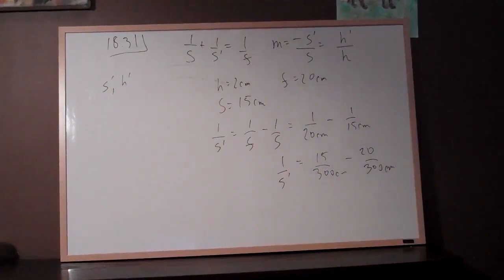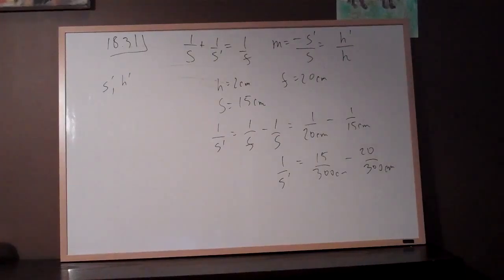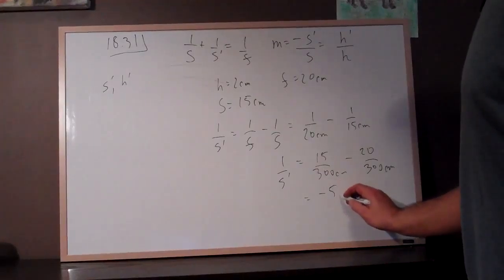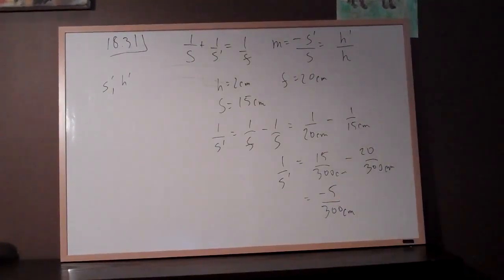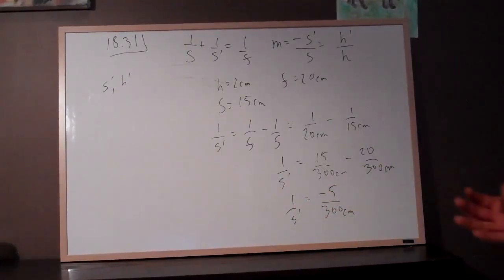Or again, if you wanted to, you could just put it in your calculator right away: 1 divided by 20 minus 1 divided by 15. So this would be minus 5 over 300 centimeters. That would be 1 over s prime. Then I can invert it to figure out what s prime is.